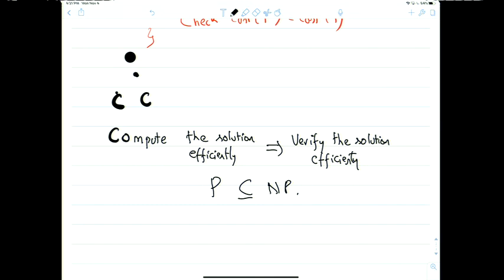There was a great question: this heuristic argument is somewhat iffy, because when you compute the solution efficiently you might get something else, and how do you know that the other one is also a solution? I'm sure there are cases where that can happen and you can't really check, but some of these issues are just because of the way we define P and NP in this class: not in terms of decision problems, but in terms of search problems.